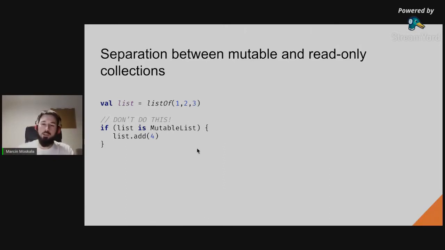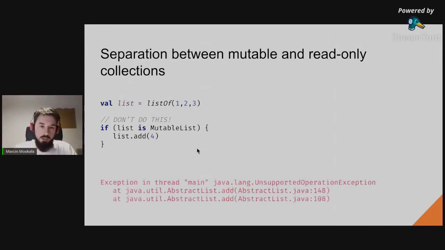To understand why it's incorrect, you might check how it works right now, but you need to understand it is not necessarily going to be consistent. For instance, this particular code will modify the collection on Kotlin JS, as an array is used there from list of. In Kotlin JVM, on the other hand, it will throw an unsupported operation exception.